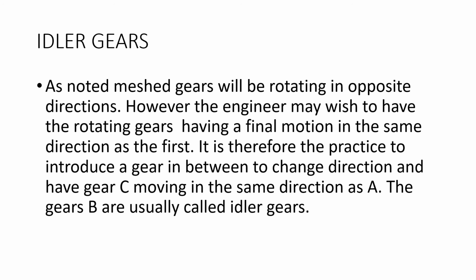As noted, meshed gears will be rotating in opposite directions. However, the engineer may wish to have the final gear rotating in the same direction as the first. It is therefore the practice to introduce a gear in between to change the direction, and have gear C moving in the same direction as A. Gear B is called an idler gear.